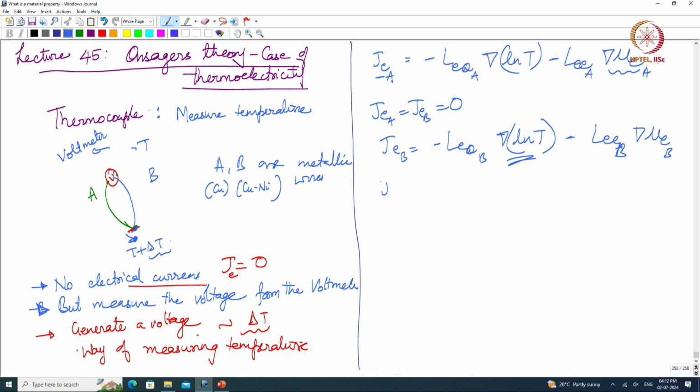So, if J_E equal to 0, what I have is L_EQ grad ln T equal to L_EE.